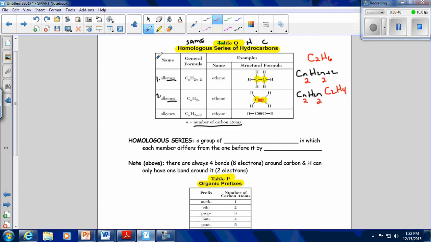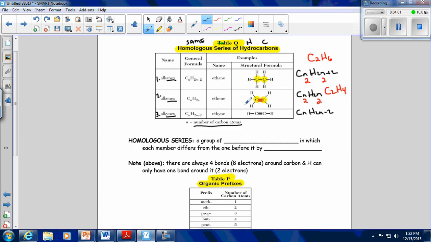Now, the last example is called the alkynes. And the alkynes end with Y-N-E-S. Its formula is CnH2n minus 2.